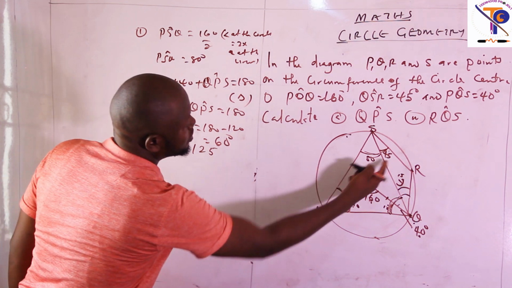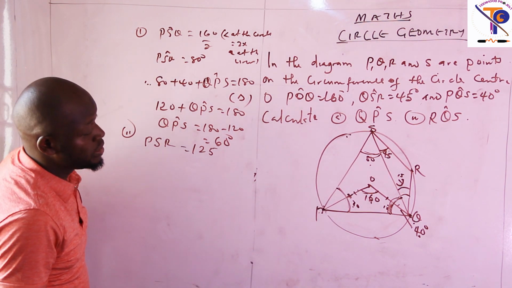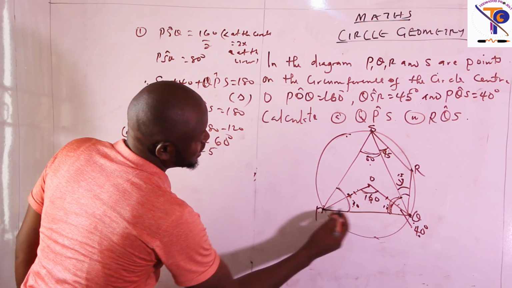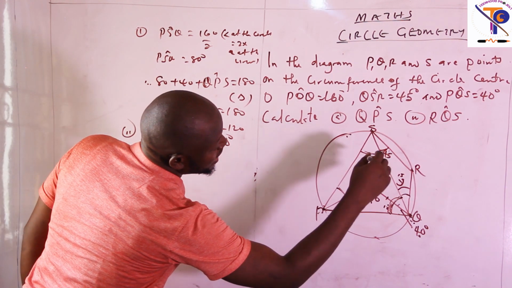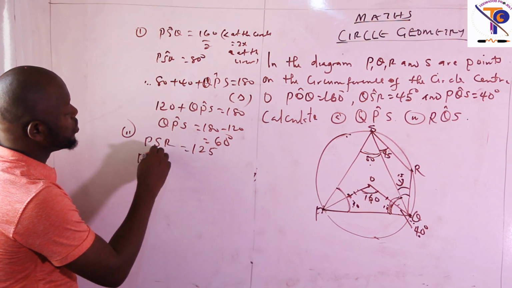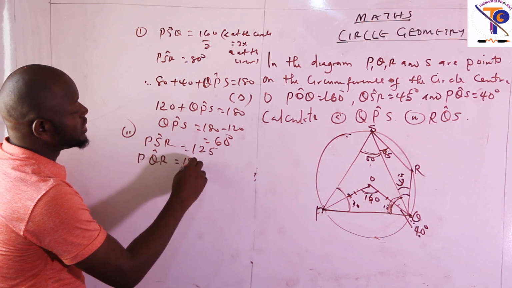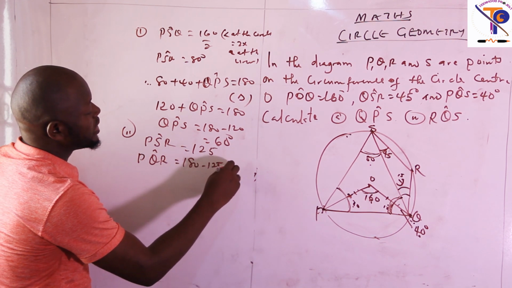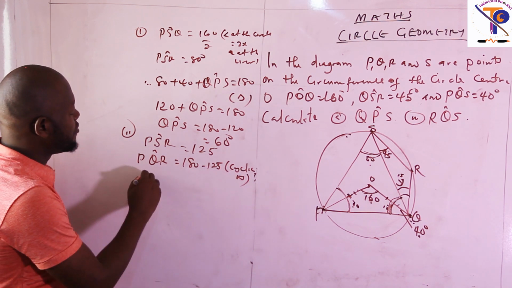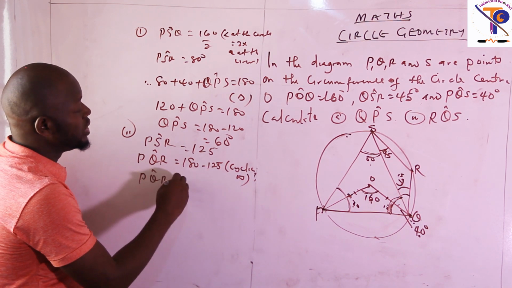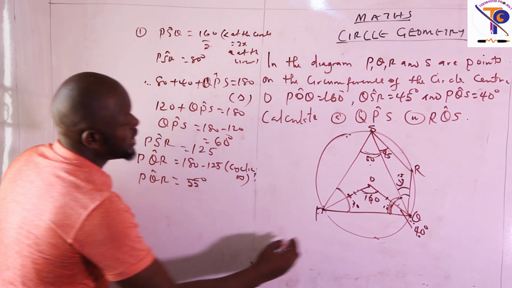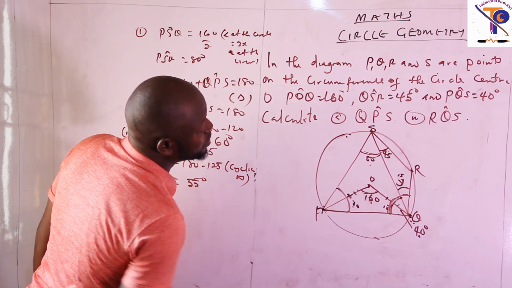That means 80 plus 40. Therefore, we can get this one, that is PQR. PQR will be equal to 180 minus 125. Why? Cyclic quadrilateral. So we have PQR is equal to 55 degrees. That means everything here is 55 degrees.